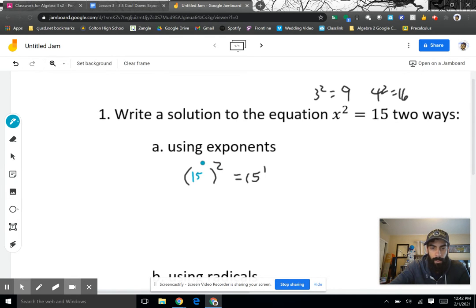So for example, we could have 15 to the 1/2 power. 1/2 times 2 is 1. Therefore, this works. 15 to the 1/2 squared is equal to 15 to the first. So we have a solution, x equals 15 to the 1/2. We'll solve that equation.